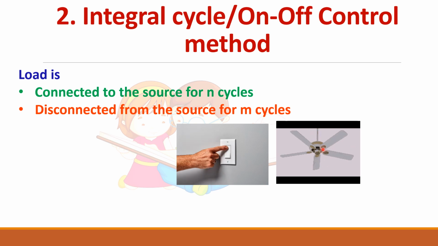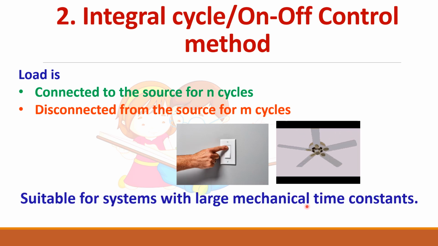Actually in a fan, a Triac based circuit is used, which is a phase control converter. For example, I am telling that if the mechanical time constant is high in large machines, we can employ this method. That is, you can switch on the machine for some time, then turn it off for some time.